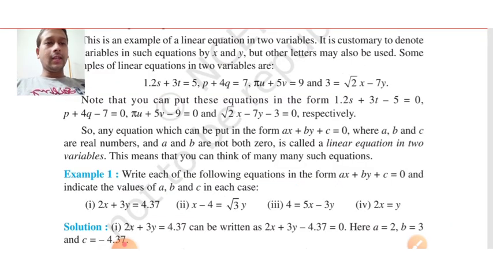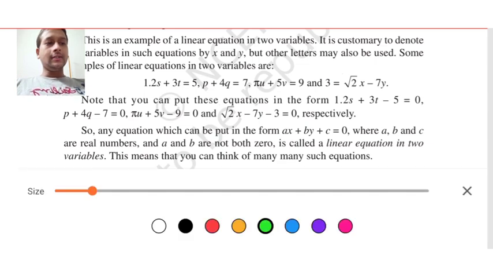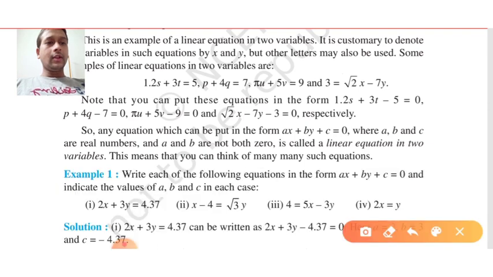As I told you, a linear equation in one variable is written in the form ax plus b equal to 0. A linear equation in two variables is written in this form: ax plus by plus c is equal to 0, where a, b and c are real numbers, and here a is the coefficient of x, b is the coefficient of y, and c is a constant.